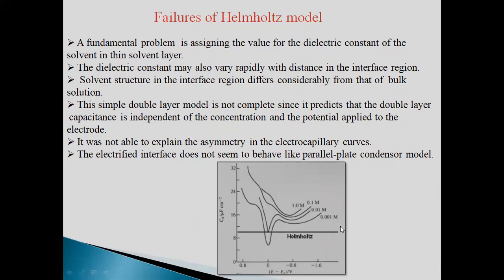The capacitance varies with the concentration, but as we have discussed earlier, according to the Helmholtz double layer model, the capacitance is independent of the concentration. So here we get the straight line. So it does not seem to be. So we can say that the electrified interface does not seem to behave like a parallel plate condenser model.